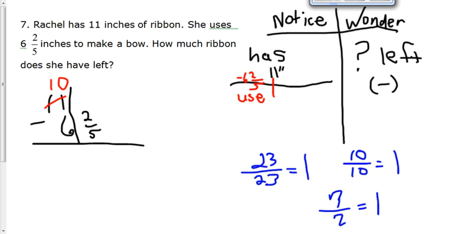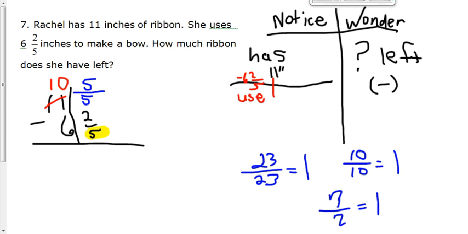And our denominator is already 5. So what this means is we want our denominator to stay 5. So when we borrow, we want 5 as our common denominator. To be a whole, if you have invited 5 people over, it had to be 5 on top. 5 out of 5 is 1 whole.